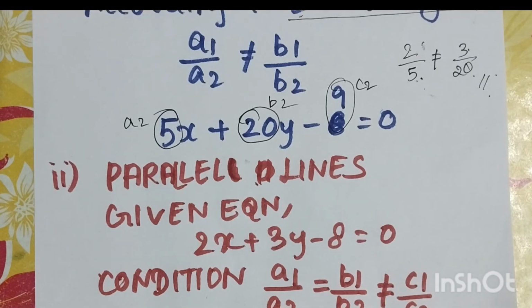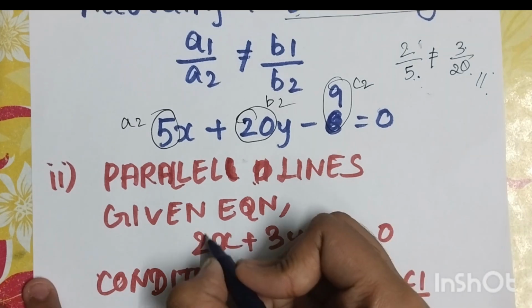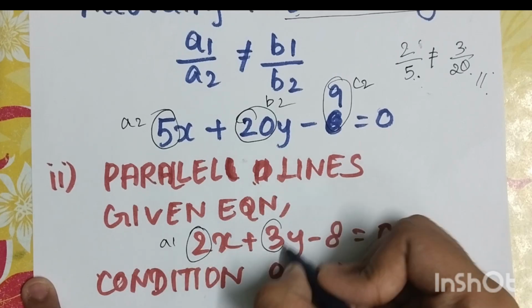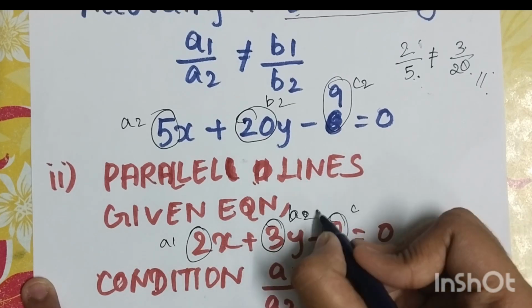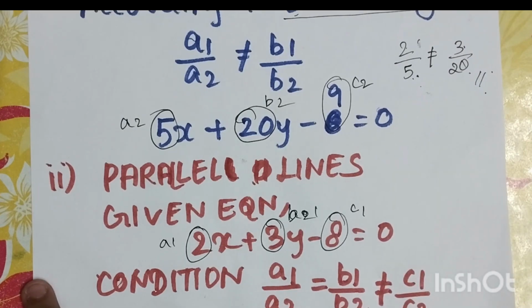Here I can understand from the condition itself that my coefficients of x and y should be the same, but my constant should not be the same. Clear? So this is a1, a2, b1, and this is c1. Clear? So my coefficients of x and y can be equal, but my constant should not be equal for my next equation. So with this I'm going to frame.